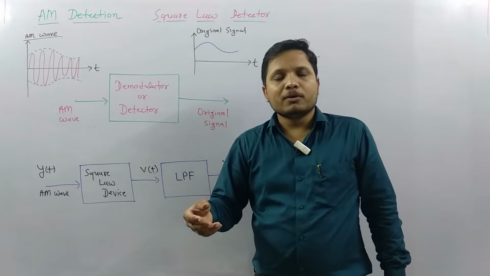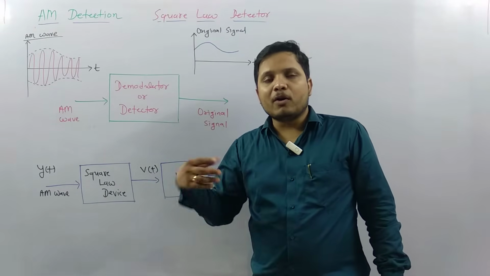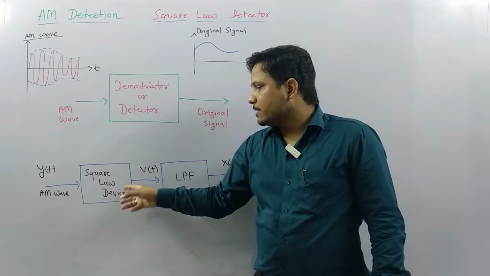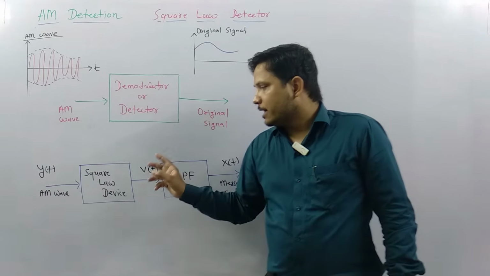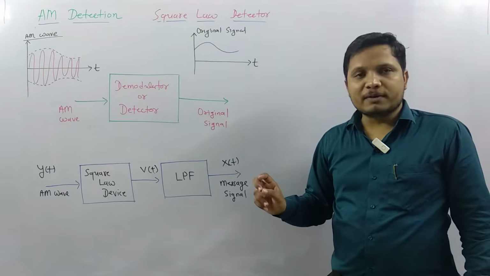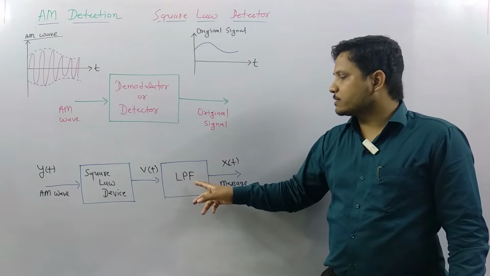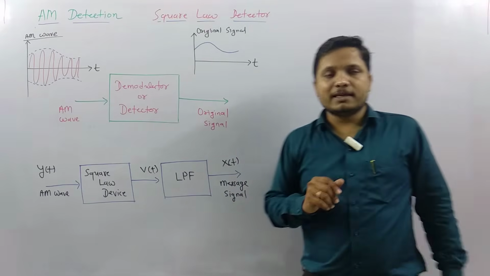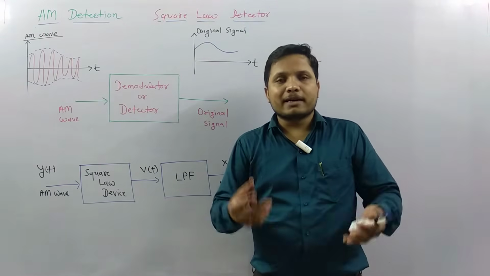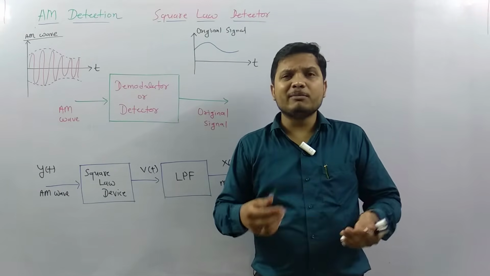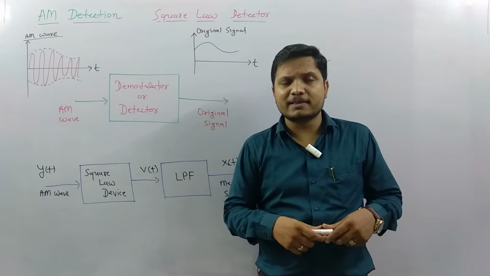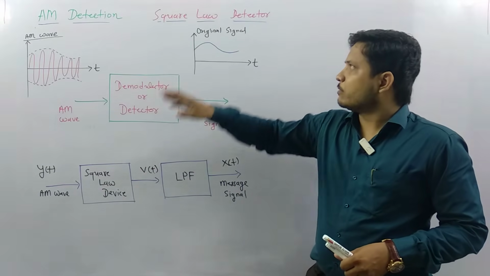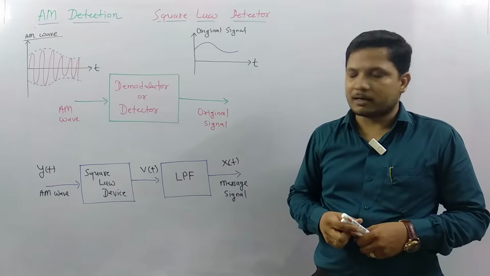I will show you calculation, like see what will be output of Square Law device, and that Square Law device will result into output VT, and that is what we will be passing it through low pass filter, and once you pass it through low pass filter, you will be extracting original signal, that is message signal. So let us try to understand this, how you will be having original information, which is message signal, after passing through this AM via Square Law Detector.